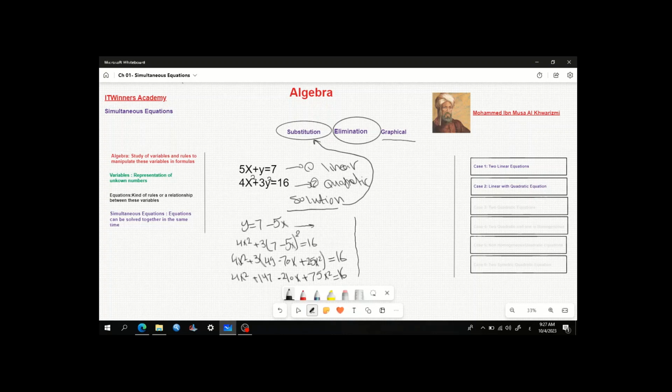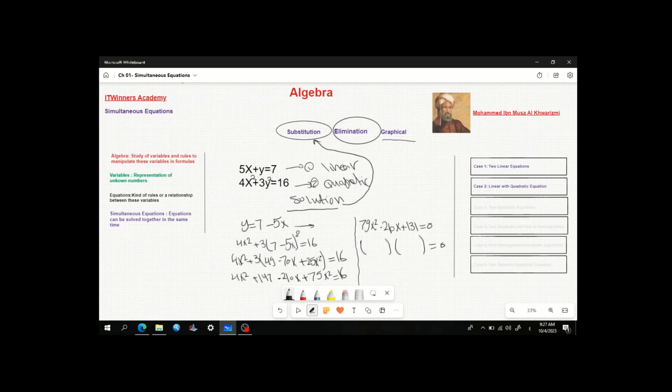Let's rearrange that. So I can write 79x squared minus 210x plus 131 equal to 0. Now I have a second order equation in x, so I can solve that for x.